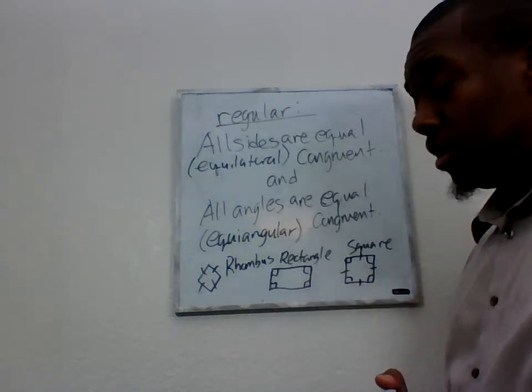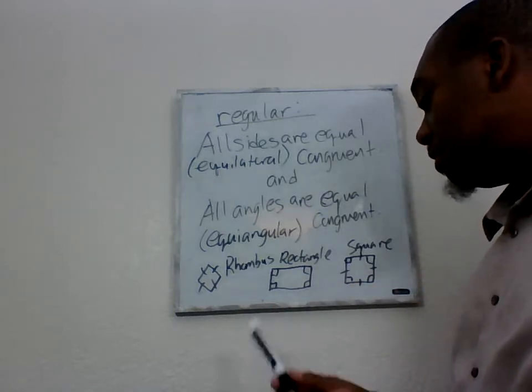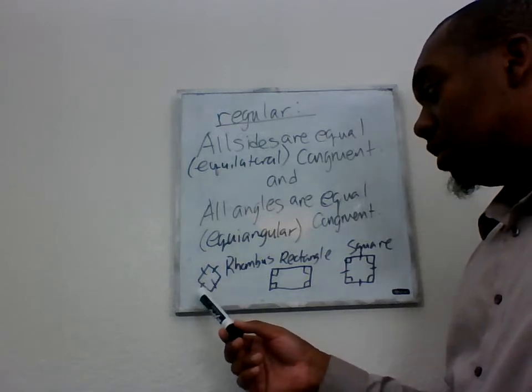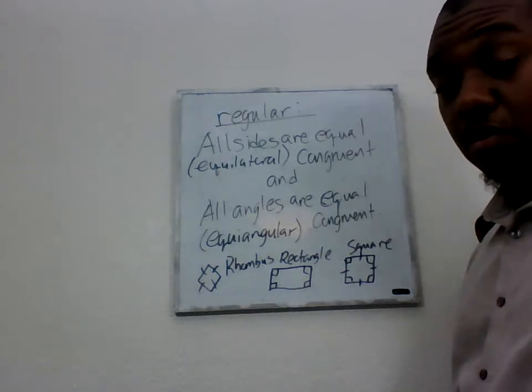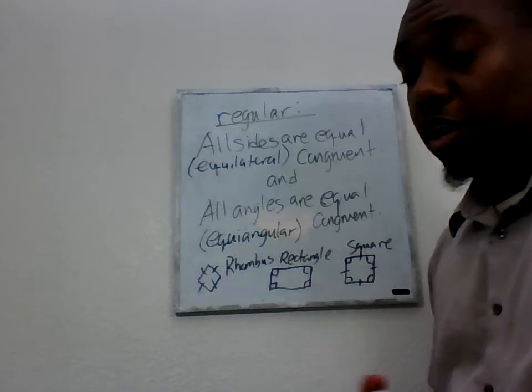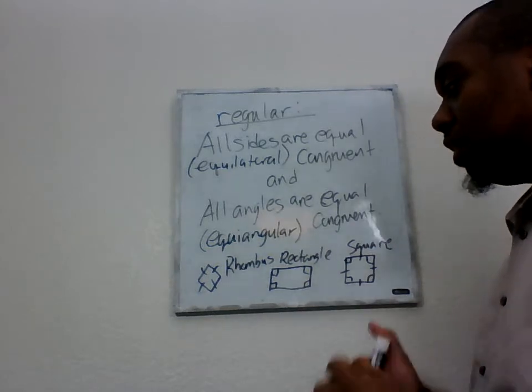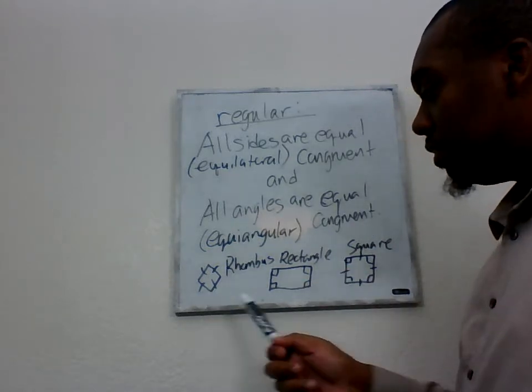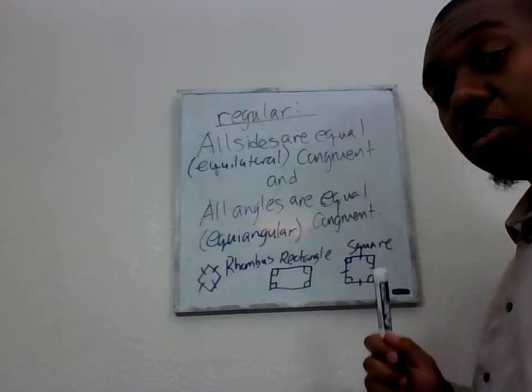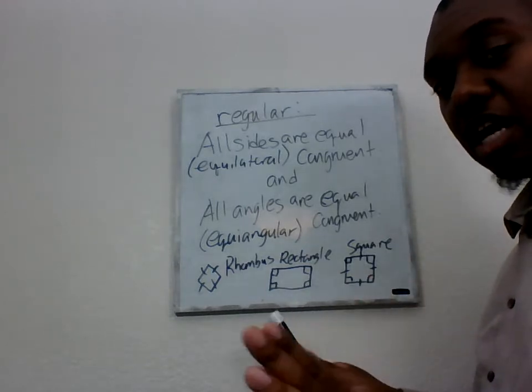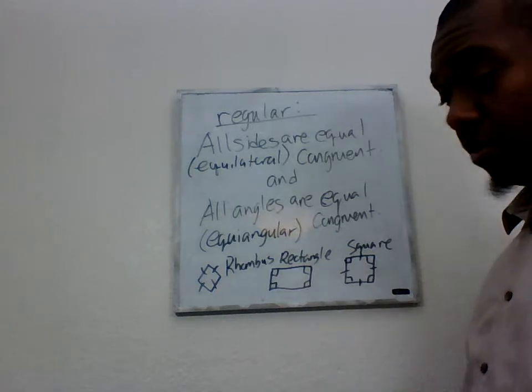Something else, a lot of times when people see this, they'll say, "Oh, it's just a rectangle," or they'll make up something else. But we want to stay away from that. Equilateral, equiangular, and regular are different terms when it comes to any shape besides a triangle.